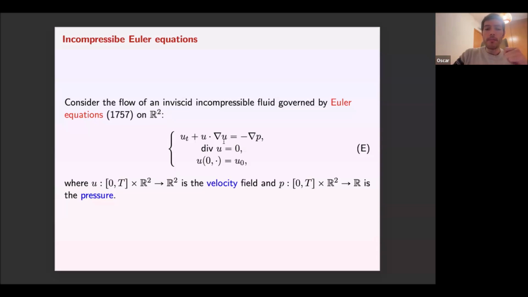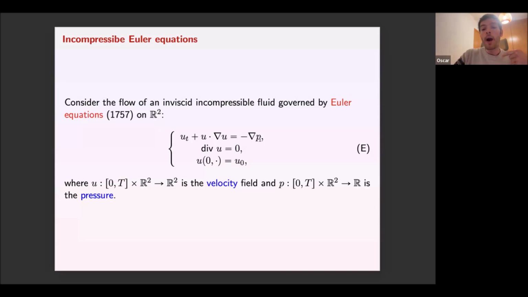This equation may be considered as a formulation of the second Newton law with internal force given by the right-hand side, minus the grad of P, where P denotes the pressure, and this is a scalar. So here the unknowns are U, the velocity field, with two components, and P, the pressure.